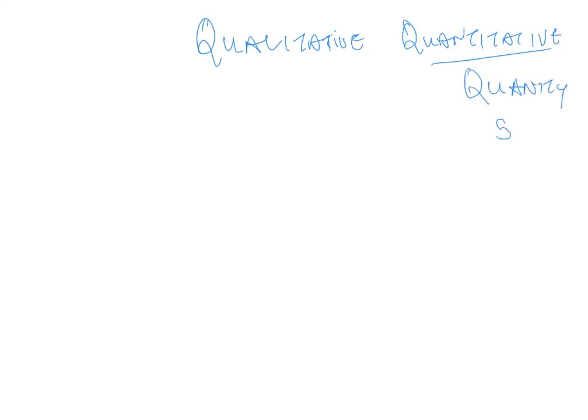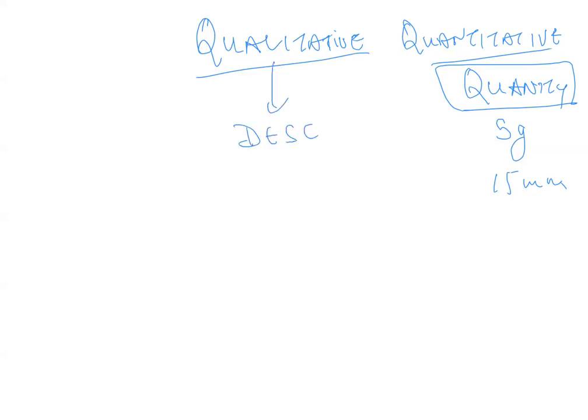So it can be 5 grams, 10 millimeters. It could be a length, a mass, a volume. But there has to be a quantity with a unit attached. Qualitative means it is just descriptive.